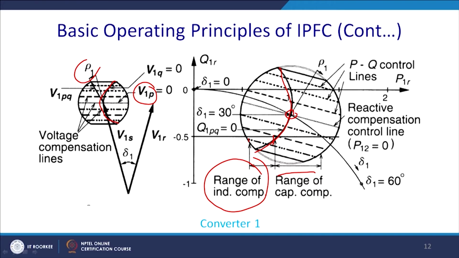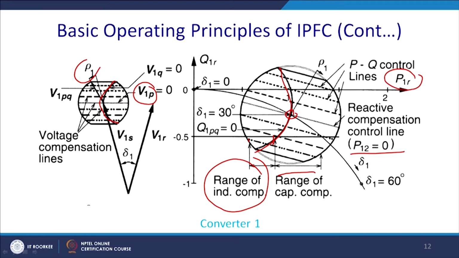Similarly, in this region, the reactive compensation line control, you have no exchange of real power, P12 equal to 0. And this is the PQ line of P1R, Q1R, and this is the phasor diagram of converter 1.